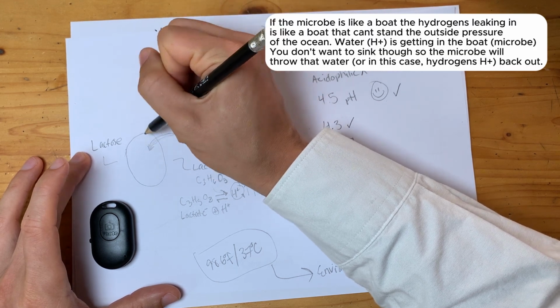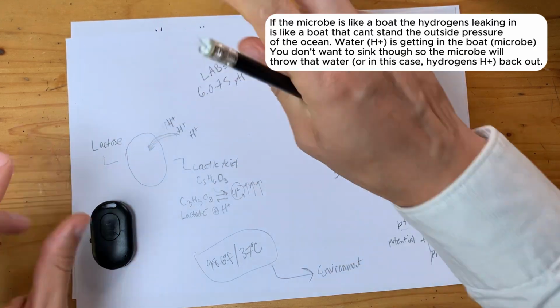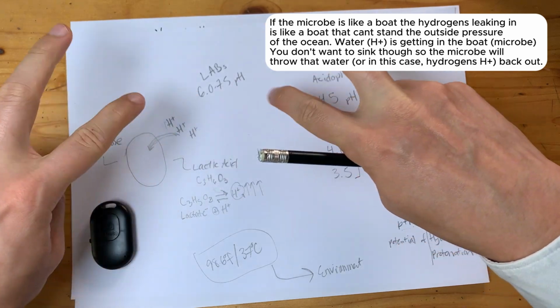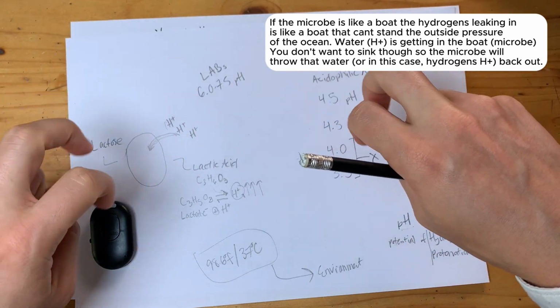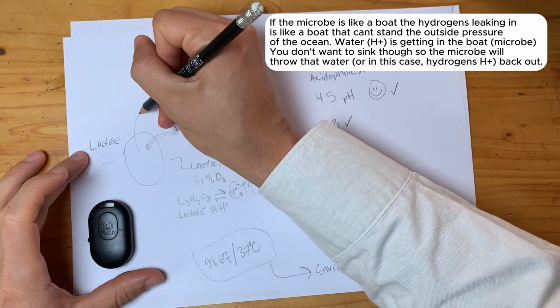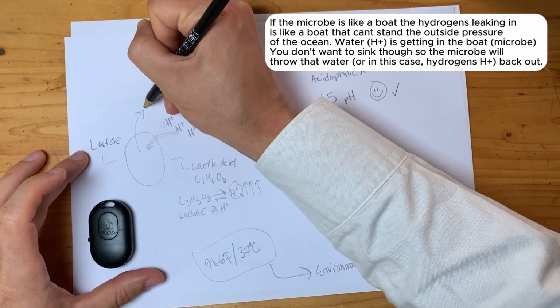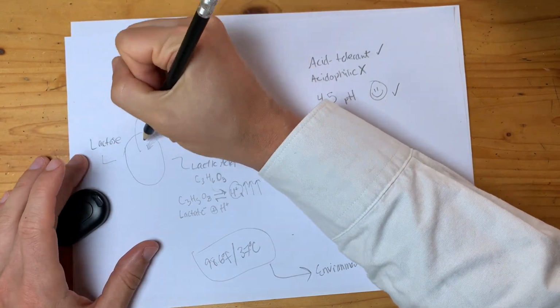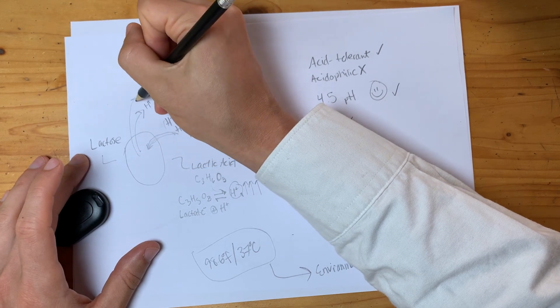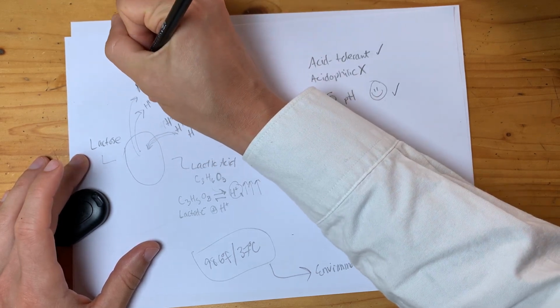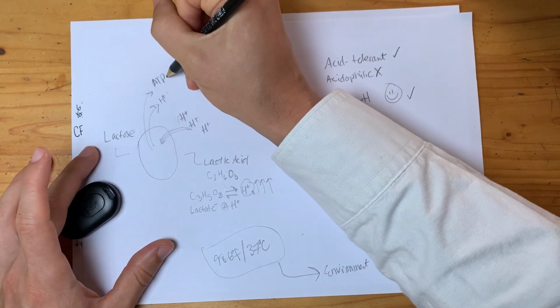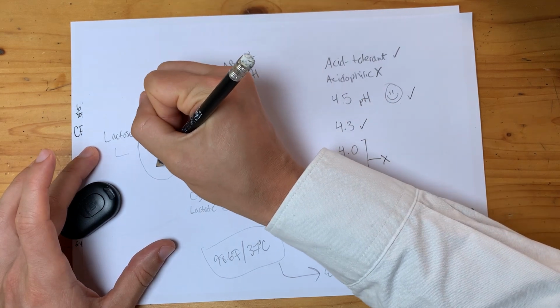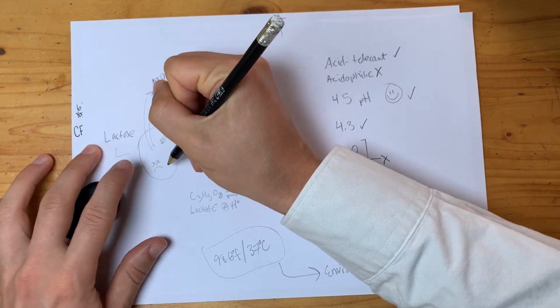There's so much water out in the ocean, and my boat is taking on water. And so these guys are going to try to push them back out, and that is going to expend ATP. And this is going to tire them out, and they're not going to like that.